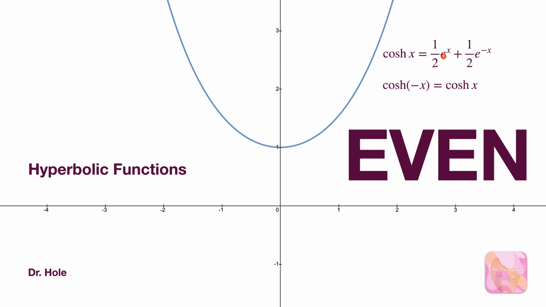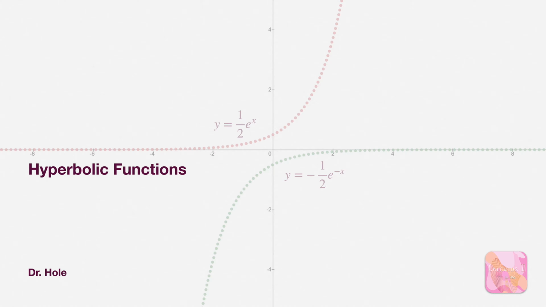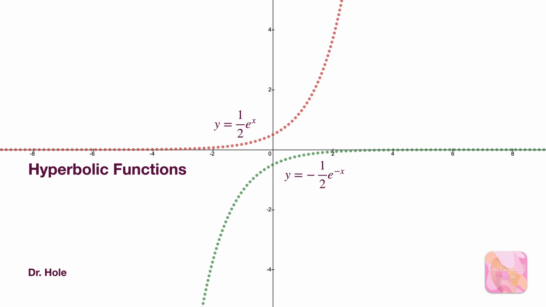Cosh, recall, is the sum of these exponentials. To define the hyperbolic sine, we're going to take the difference of these exponential functions. Let's go ahead and do that. So we have the red curve, 1/2 e to the x, and then the green curve is negative 1/2 e to the negative x.